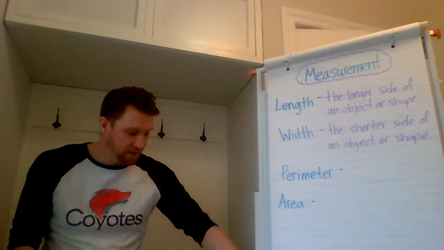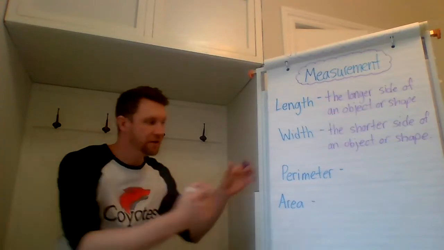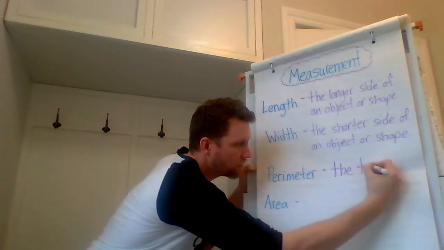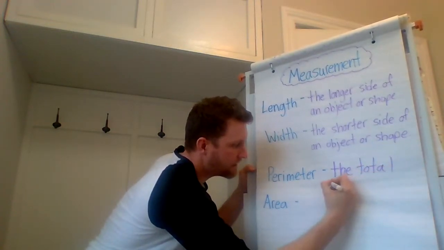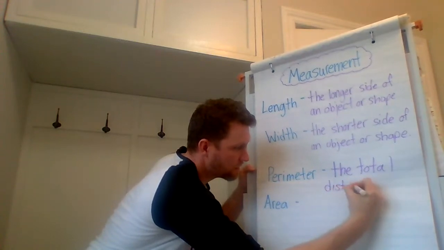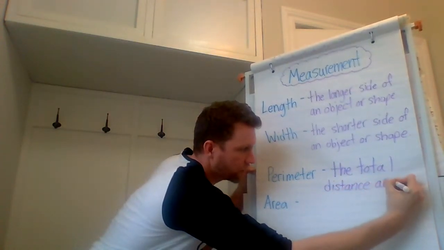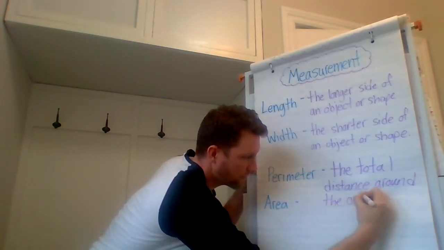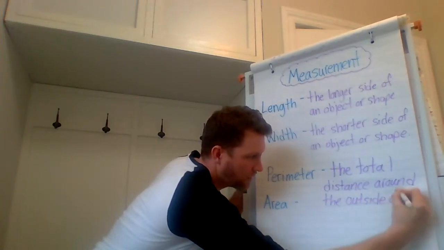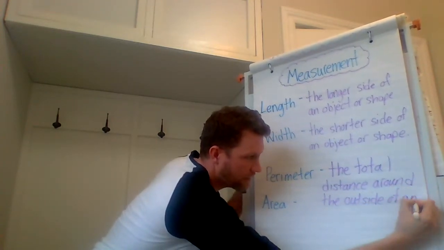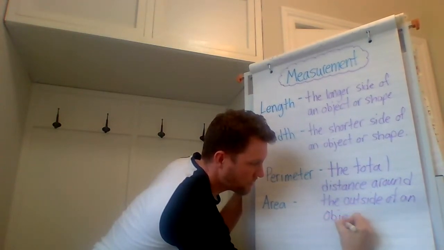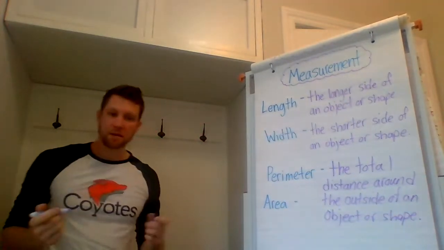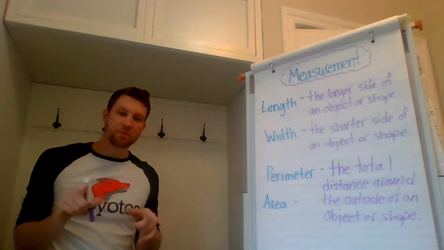So what perimeter means, we're going to add it to our anchor chart, is the total distance around the outside of an object or shape. Total distance around the outside of an object or shape.